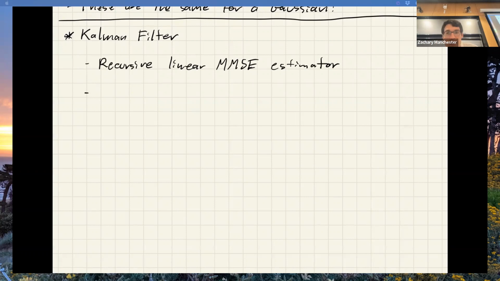So, here's what we're going to do. The setup here, we're first going to lean in on that recursive word. By recursive, what we mean is I'm going to assume I have an estimate of the state at time k that includes all measurement data up to the current time.